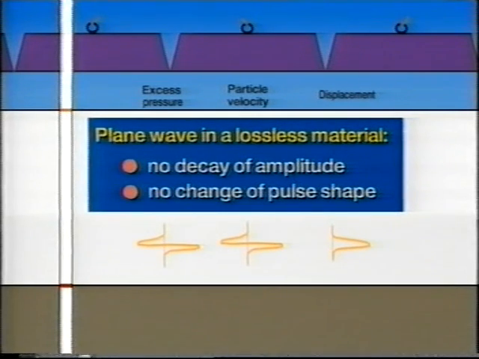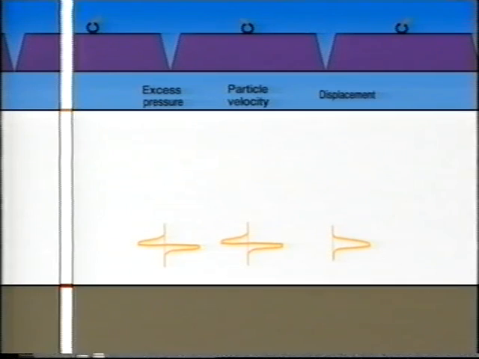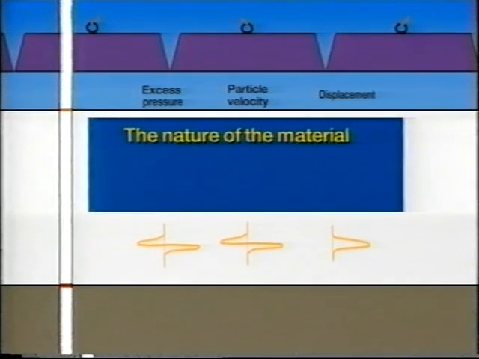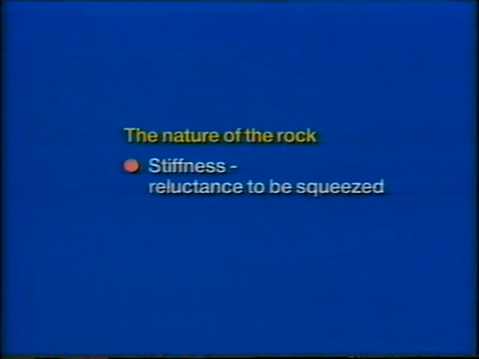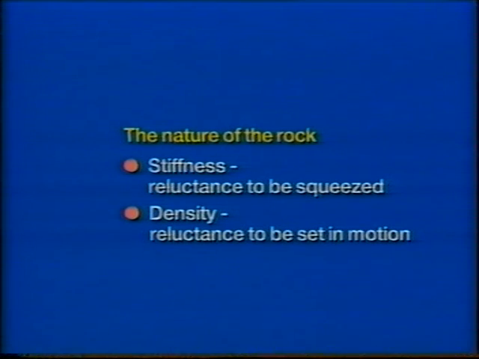Very simple indeed. Now let's ask how the measurements we usually make, particle velocity and excess pressure, depend on the nature of the material. And let's start to move toward real rocks. Okay. Well, we've said that the two important properties of the material are its stiffness, which is the reluctance of the rock to be squeezed, and its density, which is its reluctance to be set in motion.